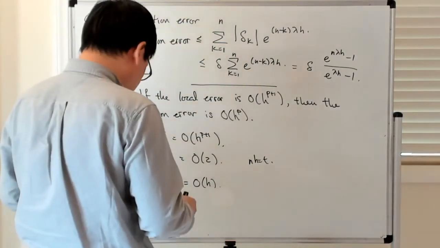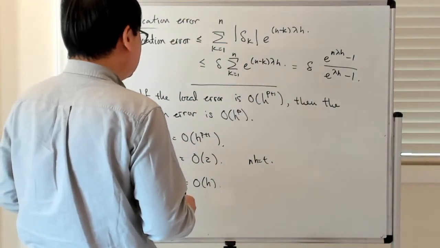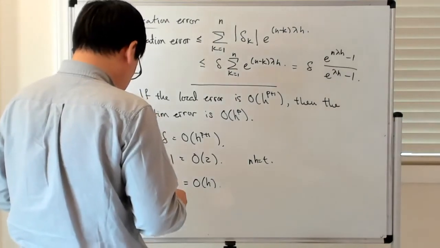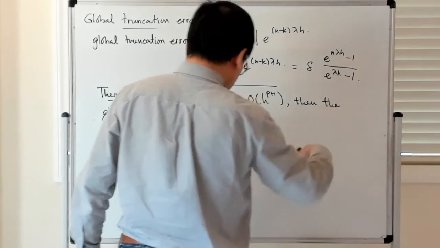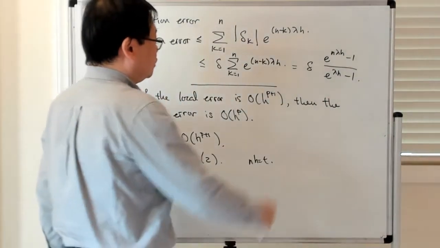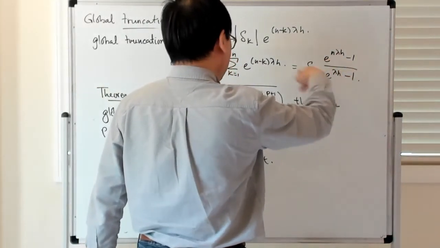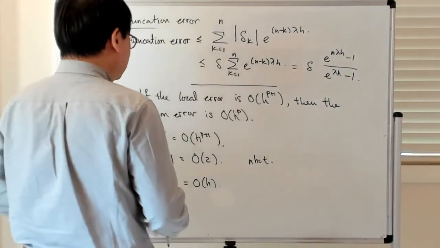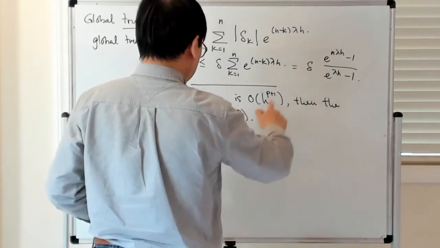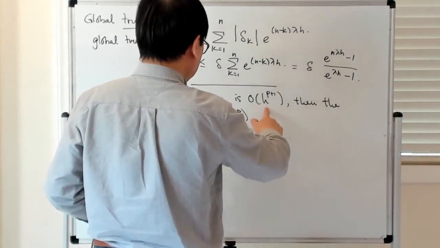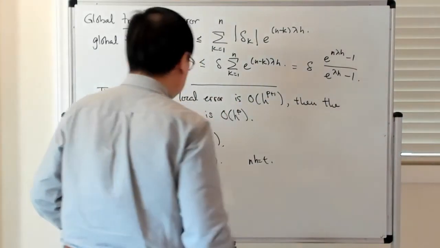So, yeah. Okay, so actually e to the lambda h minus 1 is big O of h, right? So you have a 1 over h term here multiplied into this, right? And you have control over delta, right?